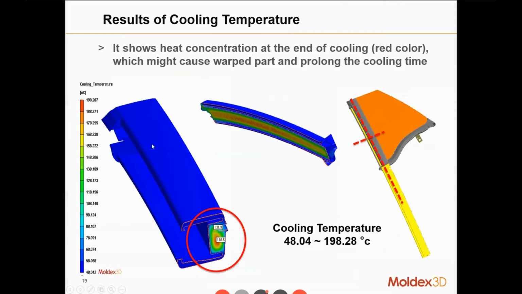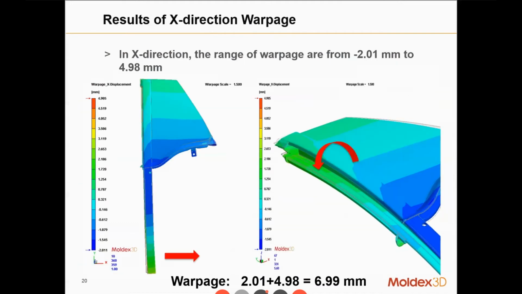In the first simulation result, we can see the temperature at the end of cooling. These thick regions have a high temperature, with heat accumulation of almost 200 Celsius degrees.